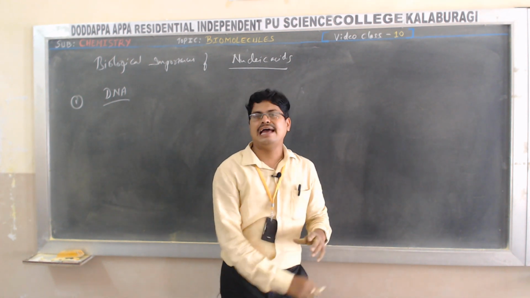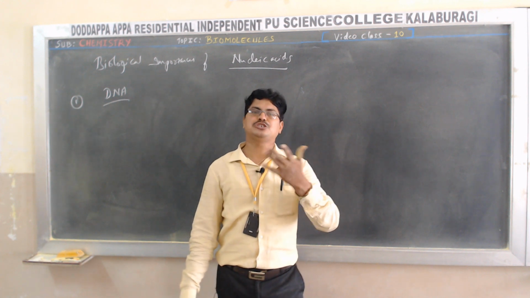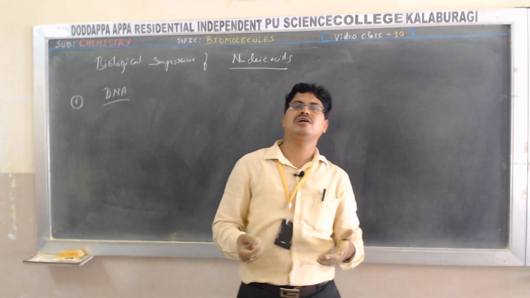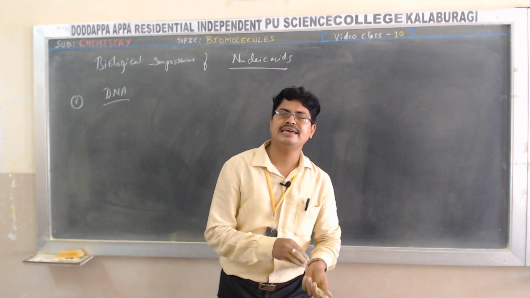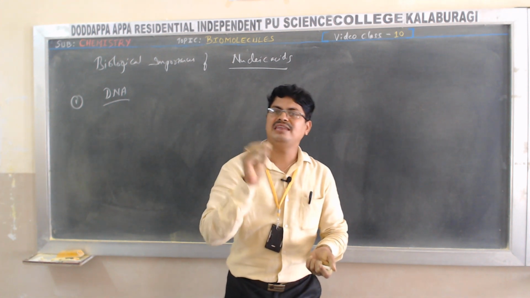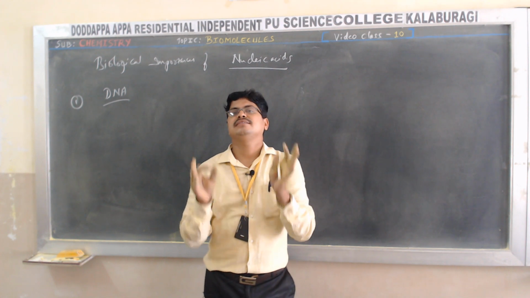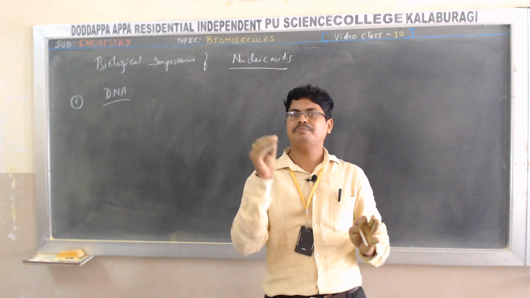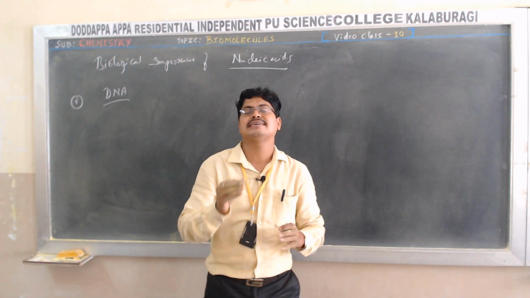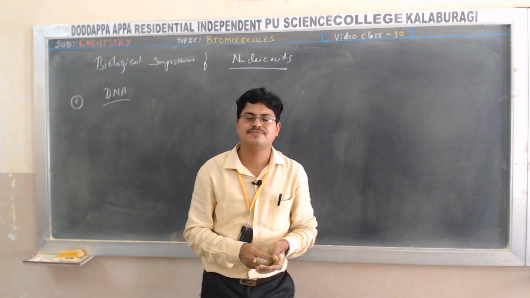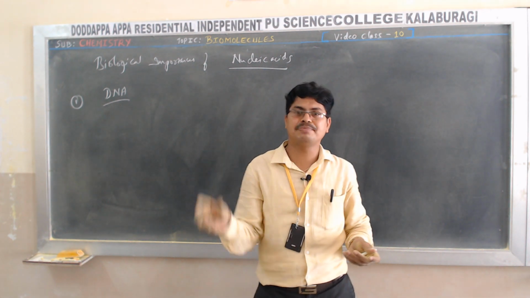And DNA has the ability to undergo replication or duplication, what we call. Correct? The reproduction of the animals or plants is incomplete unless cell division takes place.